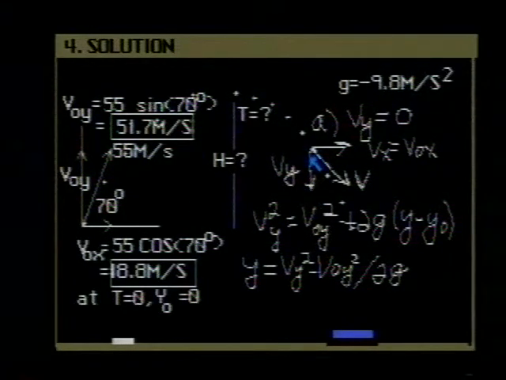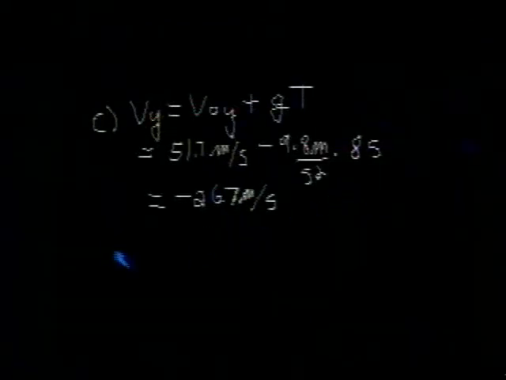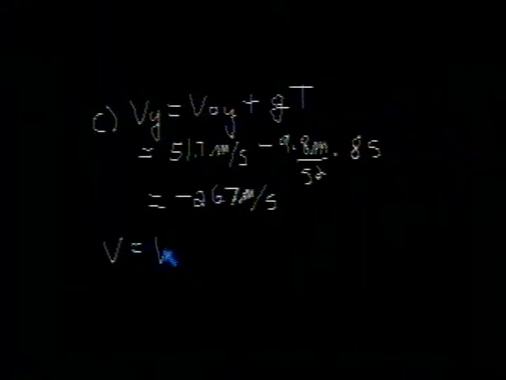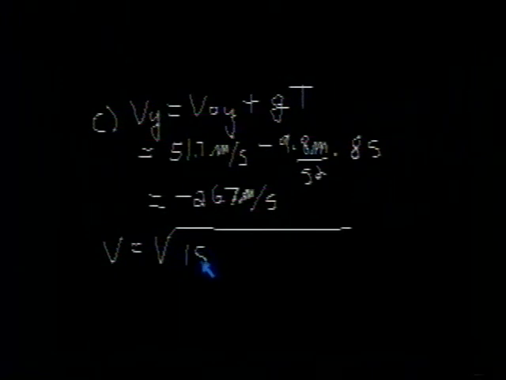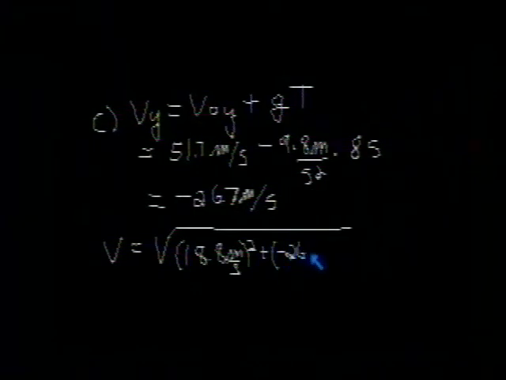To find v now, we can use the Pythagorean theorem and write that v is the square root of our x component, which is still 18.8 meters per second, squared, plus our y component squared, minus 26.7 meters per second, squared.